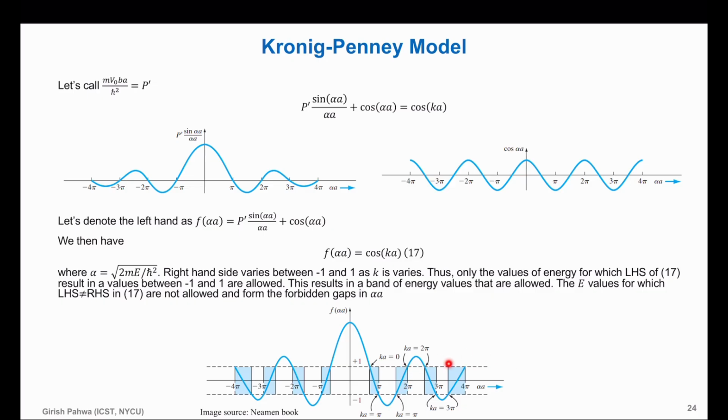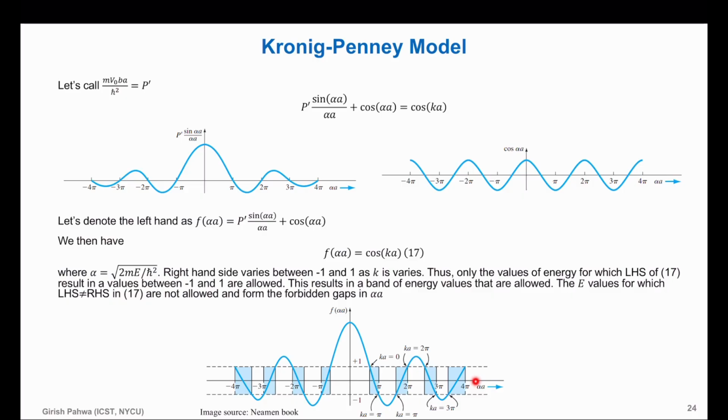So this is the 1 line, this is the -1 line. The f of alpha values lying between -1 and 1, the portions are this, this, this, this. All of these are allowed.